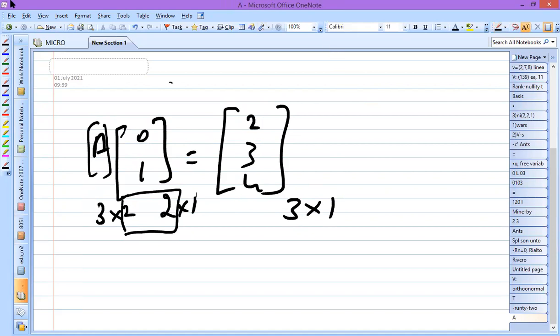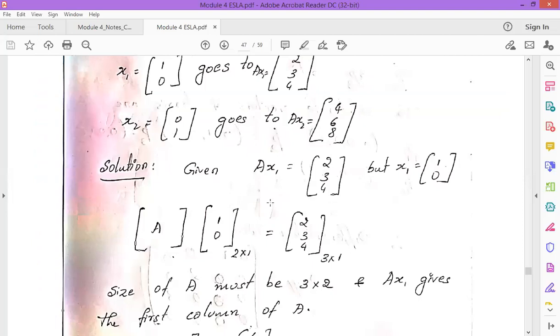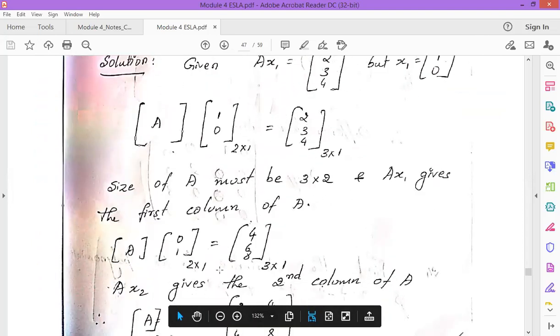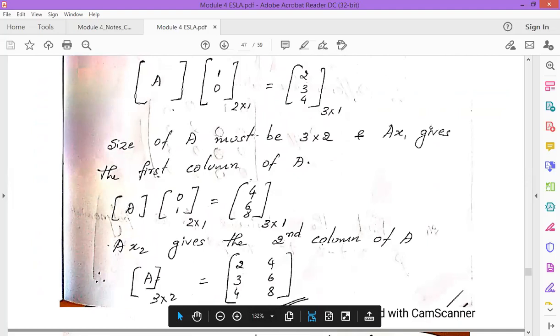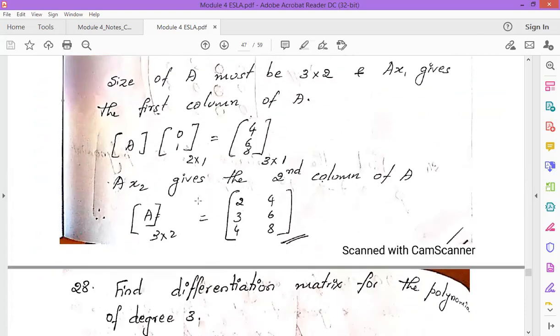Similarly, you can consider Ax2 also. Here you can mention that the size of A must be 3 cross 2, so that when we have the matrix multiplication of Ax1, it will give the first column 2, 3, 4 of the matrix A. Similarly, when you consider Ax2, A we don't know, and x2 is 0, 1.